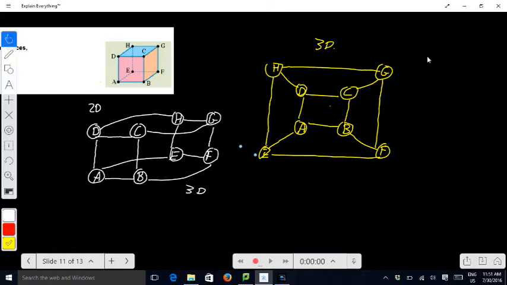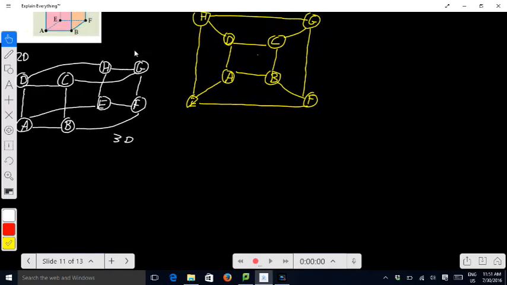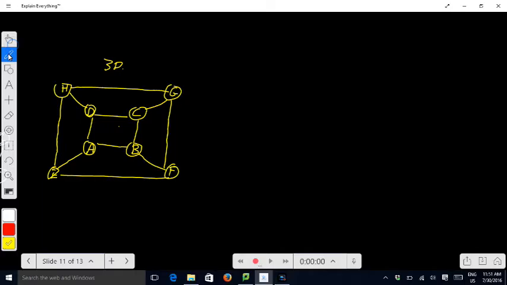Just as a bit of an extension, I can talk about four-dimensional shapes by doing the same thing. A four-dimensional shape would use the same object here. So what do we have? We've got I, J, K, L, M, N, O, and P. Believe it or not, I can actually draw a four-dimensional shape using this same idea.